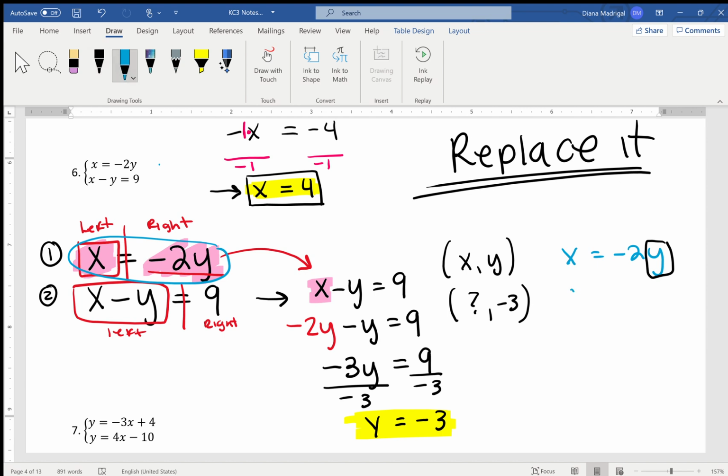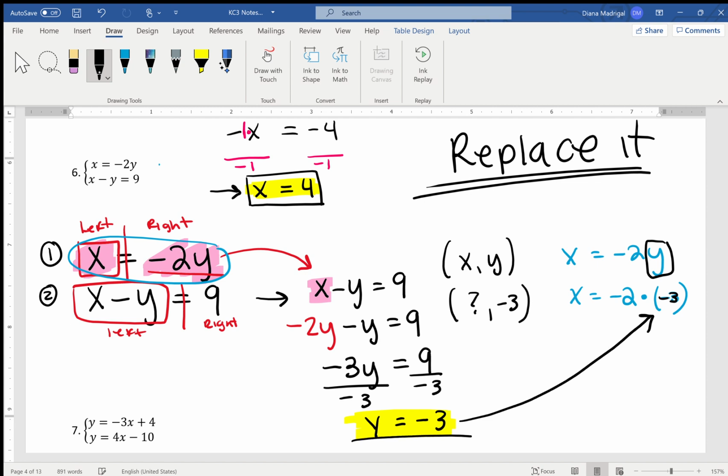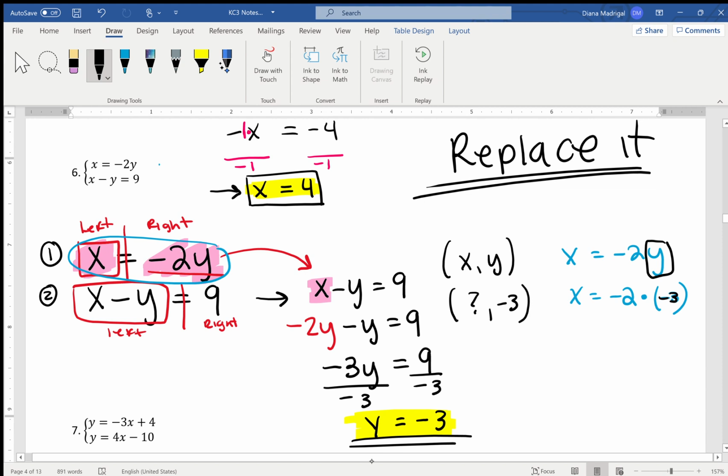So x equals negative 2 times, because that's what negative 2y means, negative 2 times y. And how much is y? Negative 3. And how do I know it's negative 3? Because I figured it out. It's right here. I am just replacing what I know for y.